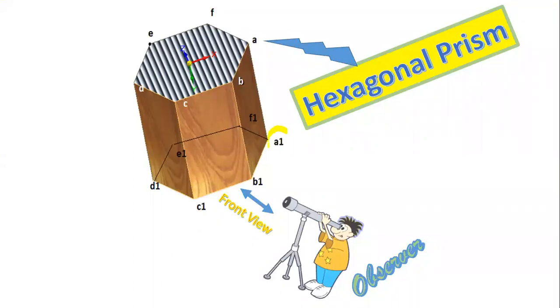So A1 is the corner on which it is going to rest on HP. So when he is viewing from the front, he can see the edges A A1, B B1, C C1, D D1, whereas E E1 and F F1 will be at the back and hidden to the observer.